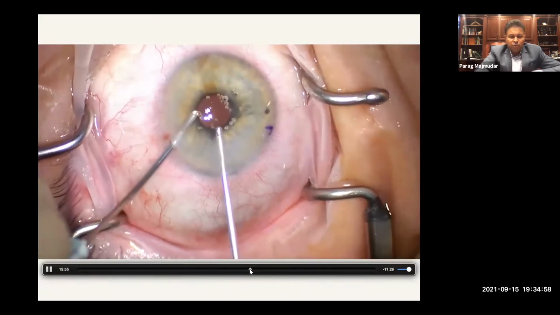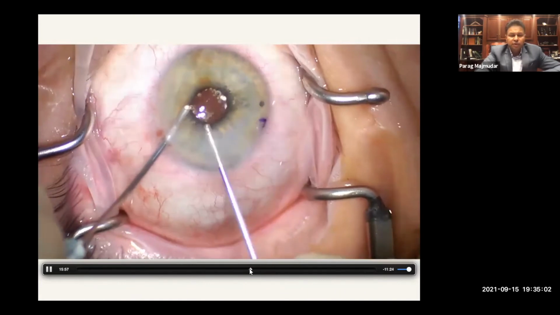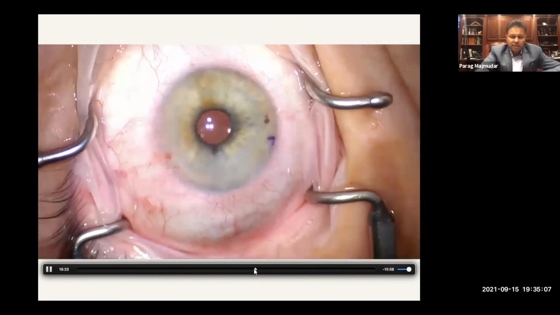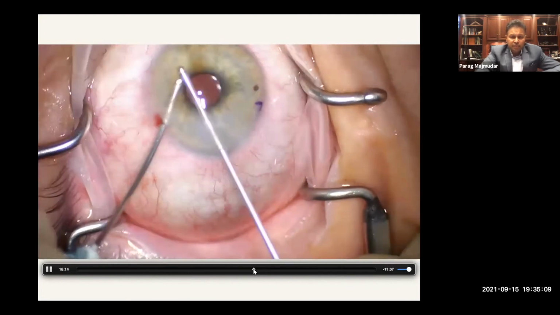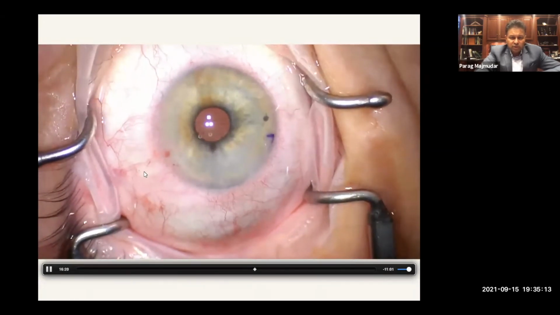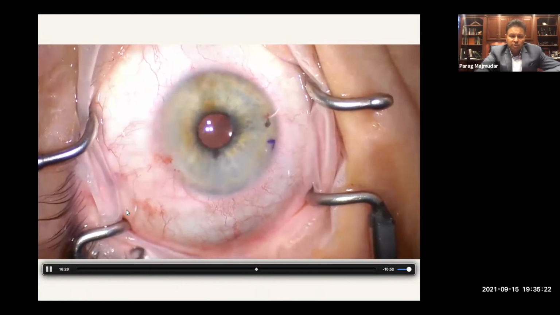Now here I'm removing all the residual cohesive viscoelastic that I put in there, and I'm making sure that all the air bubbles are gone and all the viscoelastic is gone. I'm a little bit anal retentive about things, so I make sure that I use extra, and you can see here these folds in the capsule. You can see how this is potentially going to become an issue when you're doing the DMEK portion, where there's going to be a little bit more trampolining.